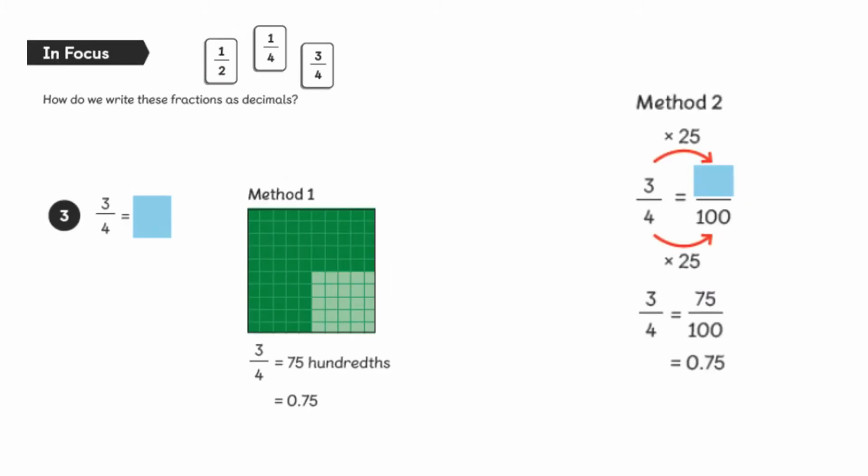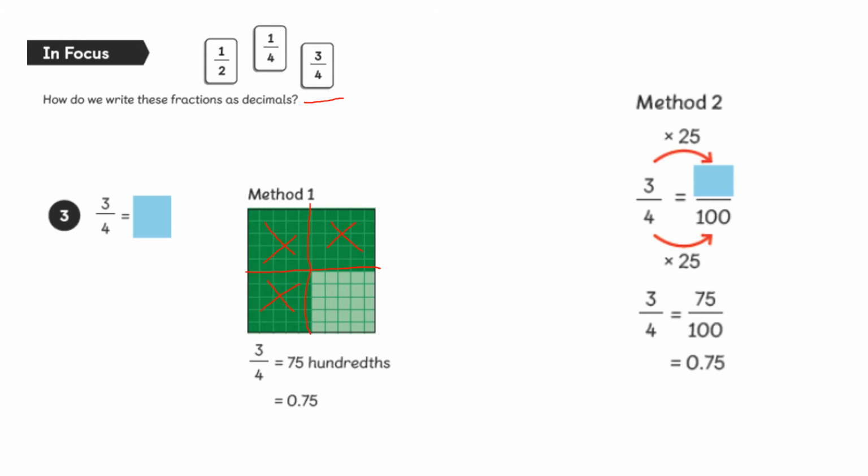The third and final card on the in focus task, as you can see up here, is 3/4. So we're going to be figuring out how we're going to write 3/4 as a decimal. So using method 1 and the 100 square, you'll be able to see here that if I were to split that 100 square in half, and then I'll do it into quarters, we can see that now 3/4 of that 100 square has been shaded in dark green.